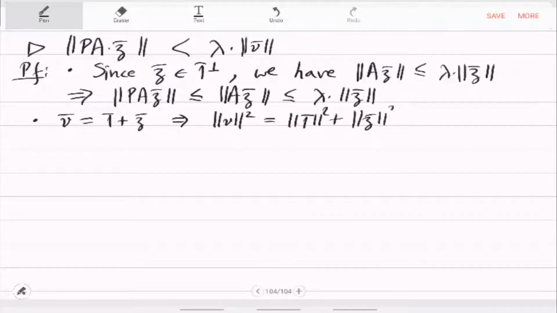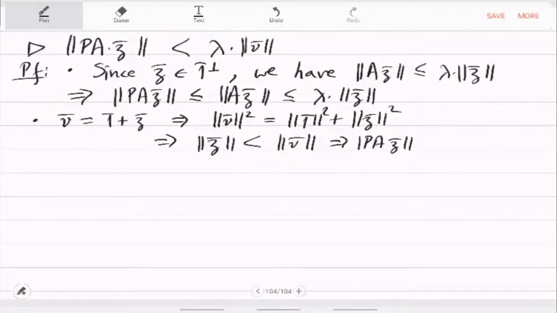So from this you know that Z bar is smaller than V bar. From which you know that PA Z bar is smaller than lambda V bar.